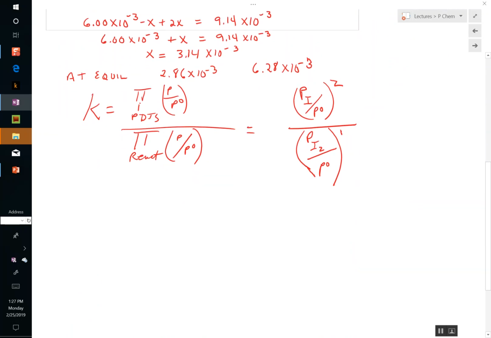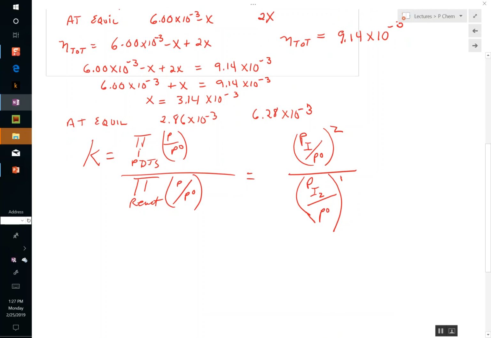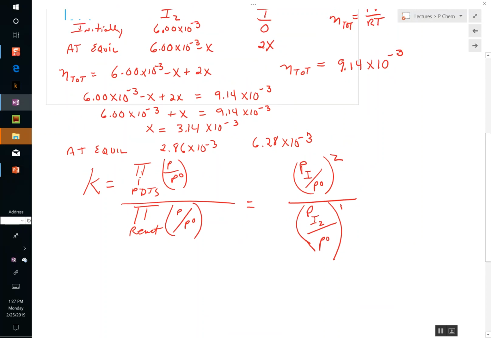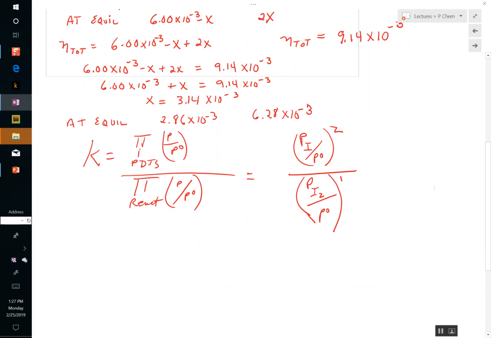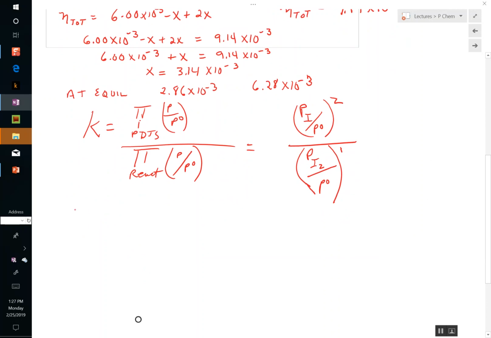What I need to know is the partial pressure of the iodine, and the partial pressure of the iodine would be equal to the mole fraction of iodine times the total pressure.